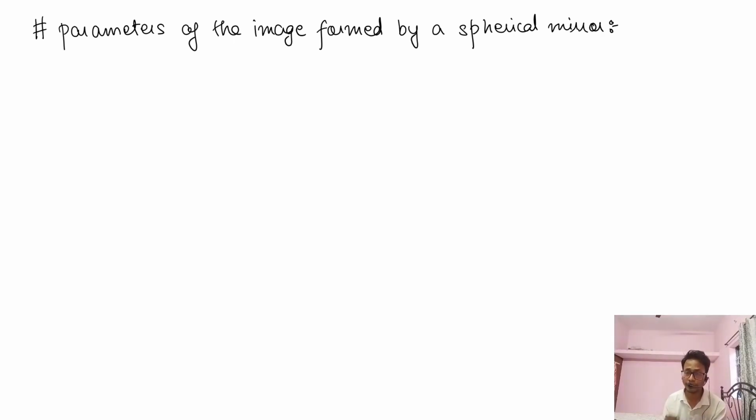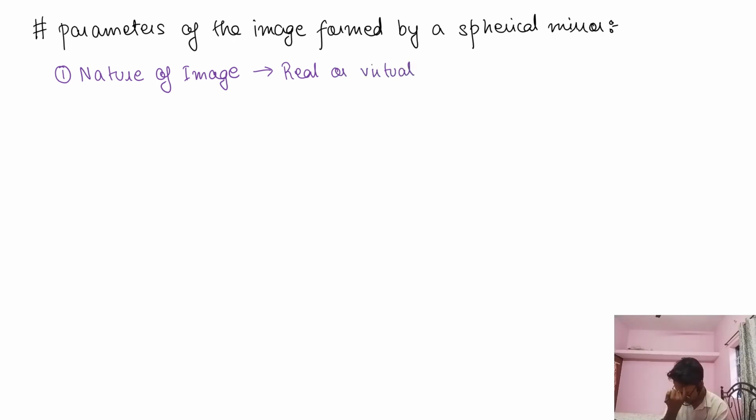Now there are specifically four types of parameters we'll study. First one is nature of image. Nature of image means either the image is real or virtual.